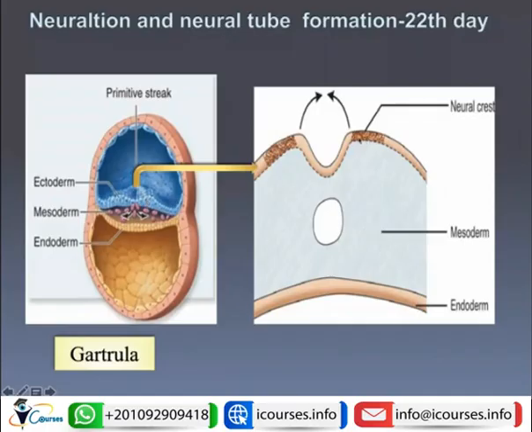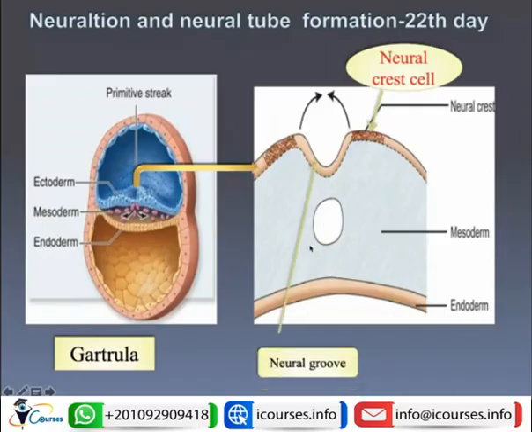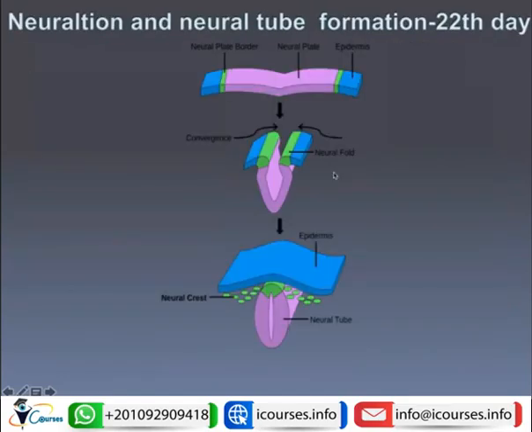These neural crest cells will undergo proliferation until closure, forming the neural tube. They proliferate until there is invagination of the neural groove until it closes, forming the neural tube. Here we can see the surface ectoderm around the area of the primitive streak.